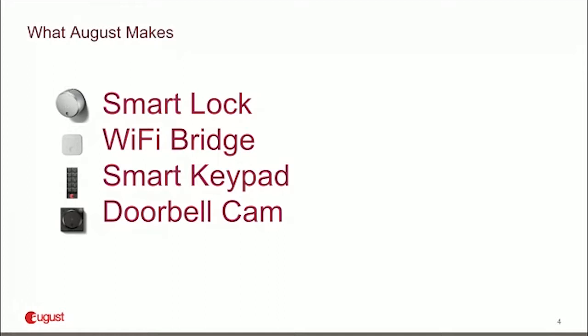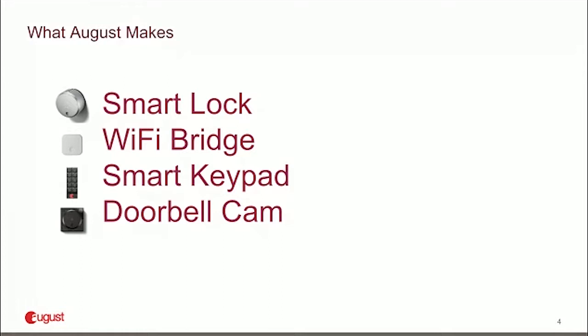The bridge actually does connect over to the lock over Bluetooth, and really brings the product into what you would really call the Internet of Things, where you can access it remotely, you can collect data from it remotely, it's online all the time. And that enabled us to create a whole lot of user experiences around better monitoring of how the product was performing and things like that.